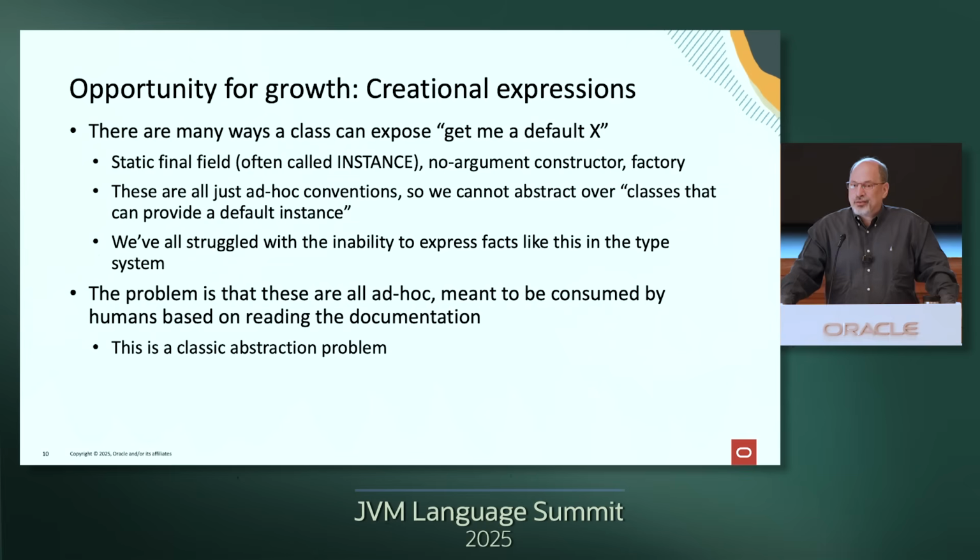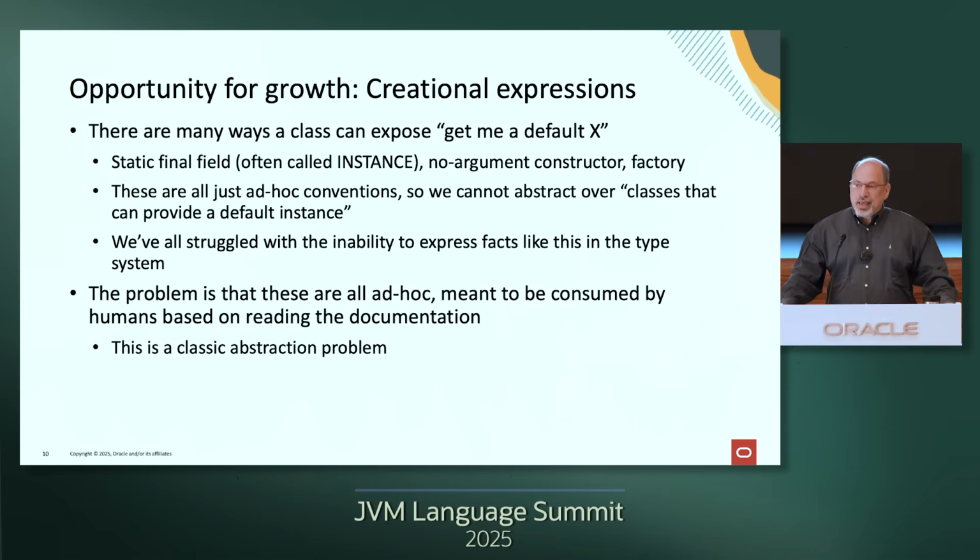Maybe you have a public static final field called INSTANCE in capital letters. Maybe you have a no-arg constructor. Maybe you have a no-arg factory like Optional.empty. These are all totally reasonable ways to express, give me a default instance, give me a distinguished instance. But they're ad hoc. They're just conventions. They only work when a human reads the Javadoc, says, oh, that's how I get one of these, and writes the code to do that.